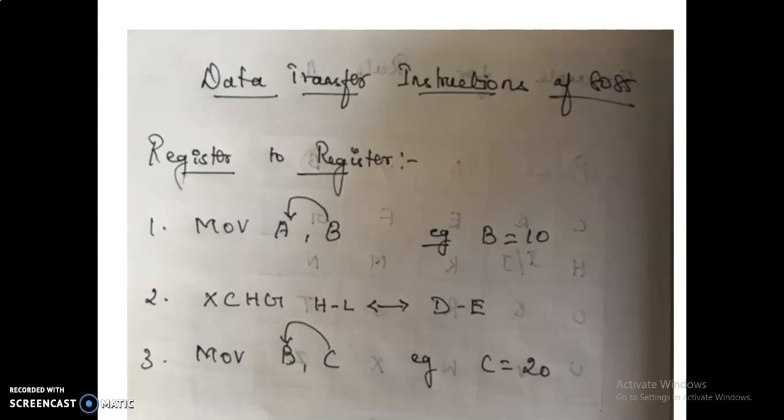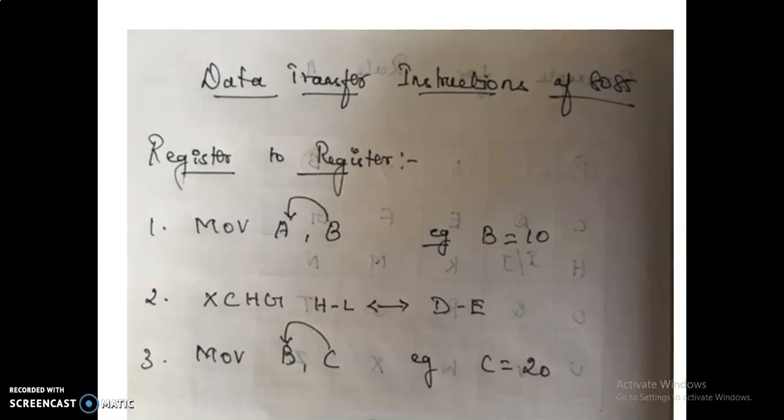The last example in register to register data transfer instruction is MOV B, C. In the first example I used the accumulator, but in this third example I mention both general purpose registers B and C. The content of register C is moved to register B. Here the source is C, the destination is B. I show the arrow from C to B, but the content of C also remains the same.